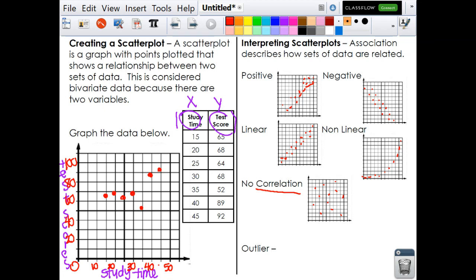Okay, so an outlier is a data point that does not follow the pattern.